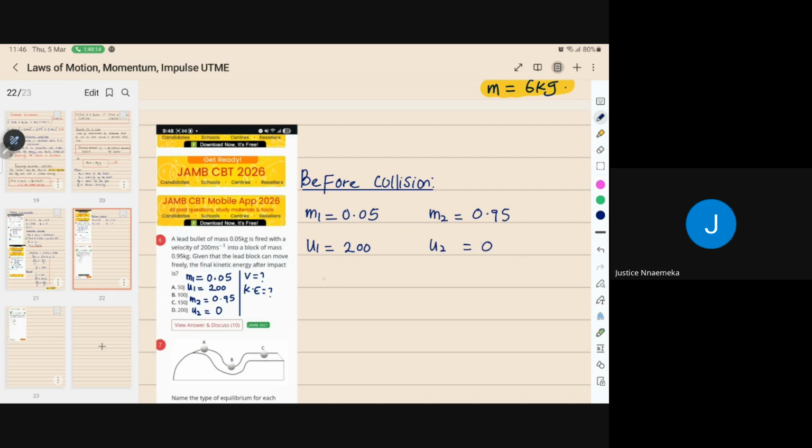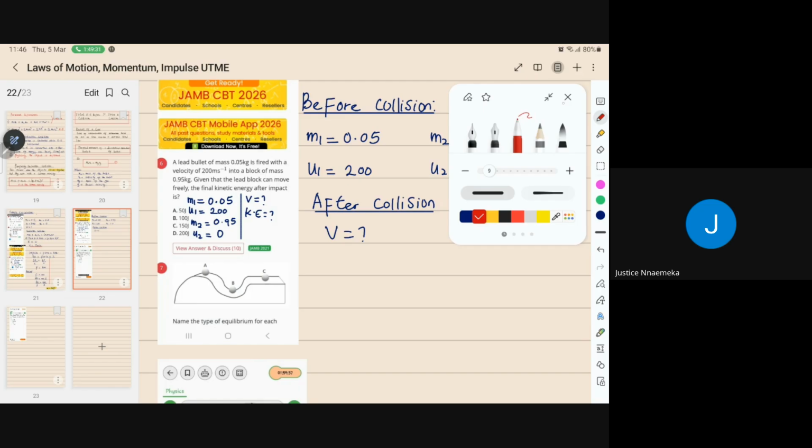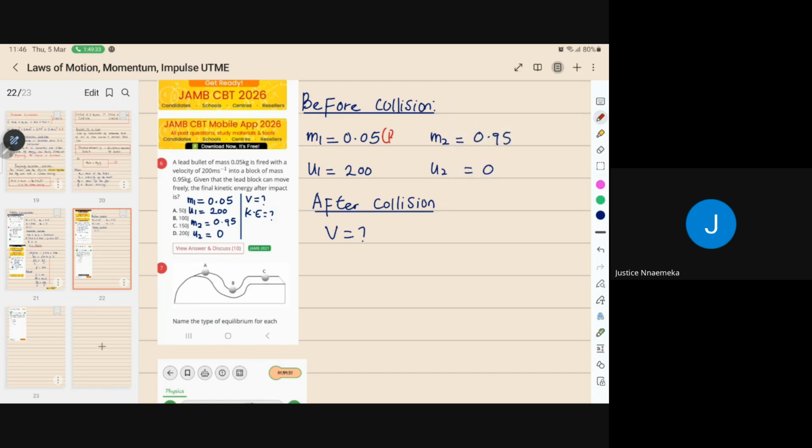Then after collision, they stick together, so we'll have V, which is unknown. So let's bring them together. Remember that this one is for the bullet, please. This is for the bullet. This is for the block.